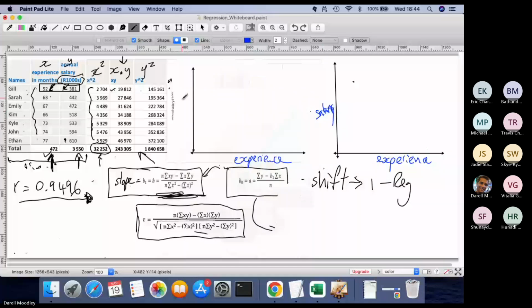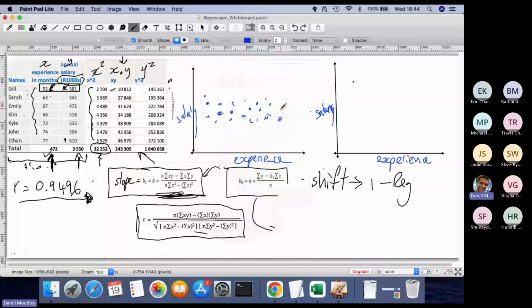Let's say in the first case, in this graph on the left, we had a lot of data, and we start plotting the data points like this. And this is kind of what we get.